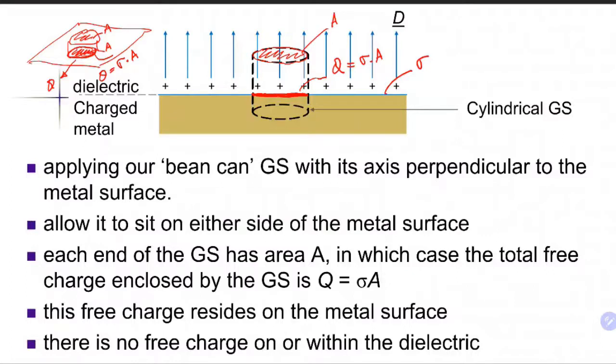Okay, so this charge is only on the surface of the conductors. There is no charge on the dielectrics, whether on the surface of the dielectrics or within the dielectrics. The charge is only on the metal surface.